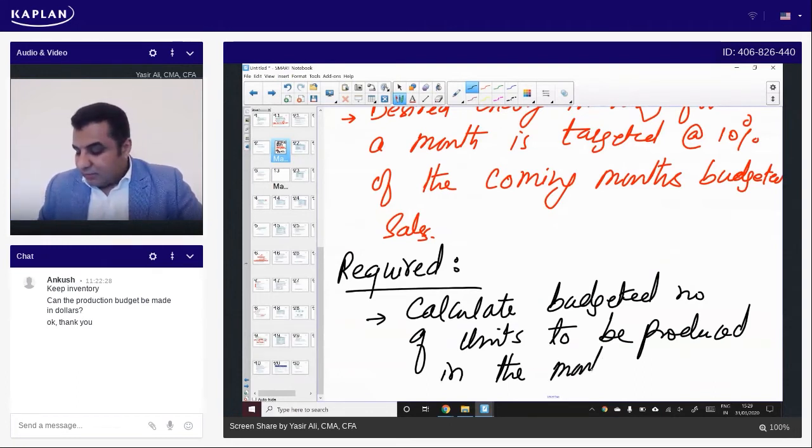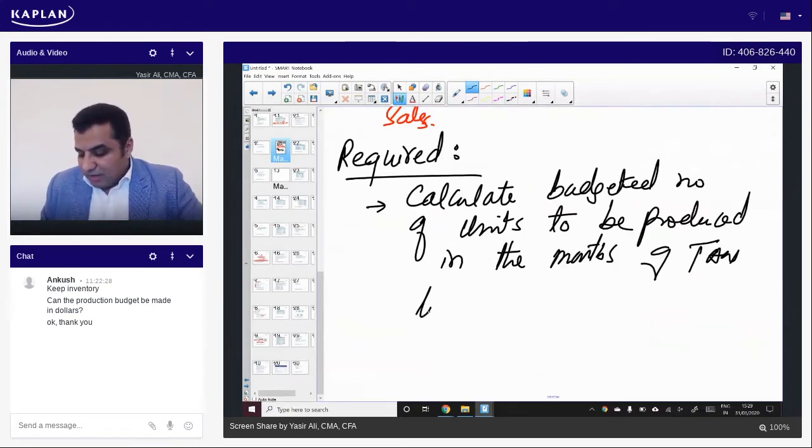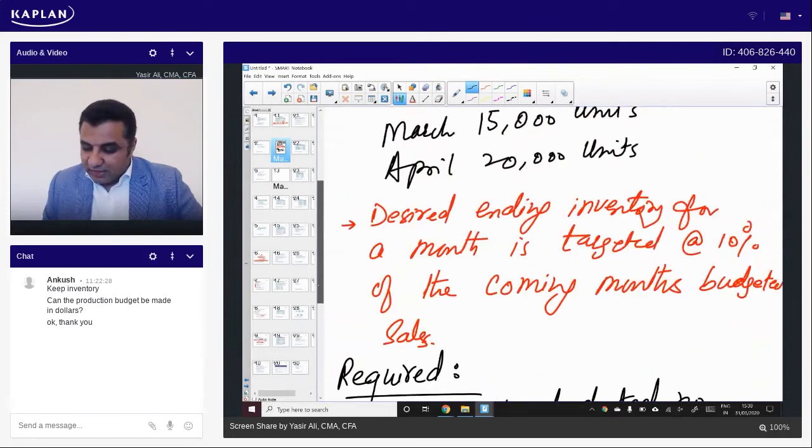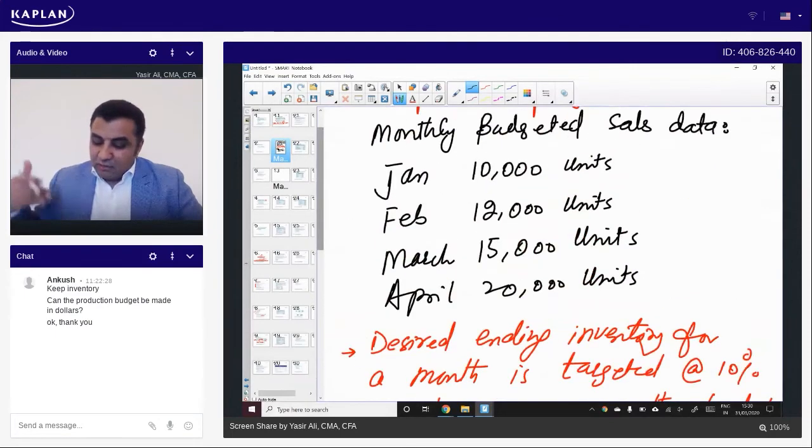So this is a very, very typical exam scenario, and we need to master this. We should be anticipating this question. How do we solve it? Once again, look at the budgeted sales for Jan, Feb, March, and April, and with reference to inventory we only have one piece of information, that the desired ending inventory should be 10% of coming month's budgeted sales. So let's see how we solve this.